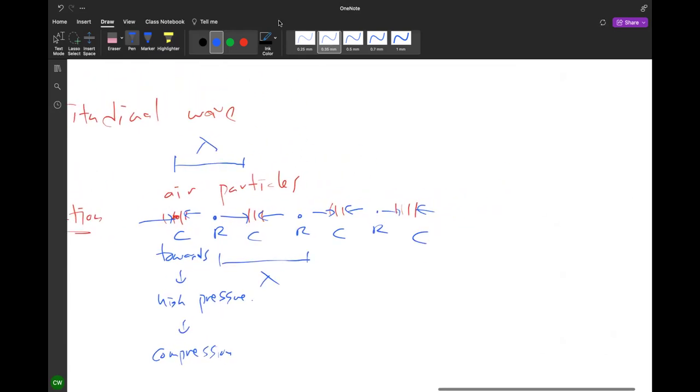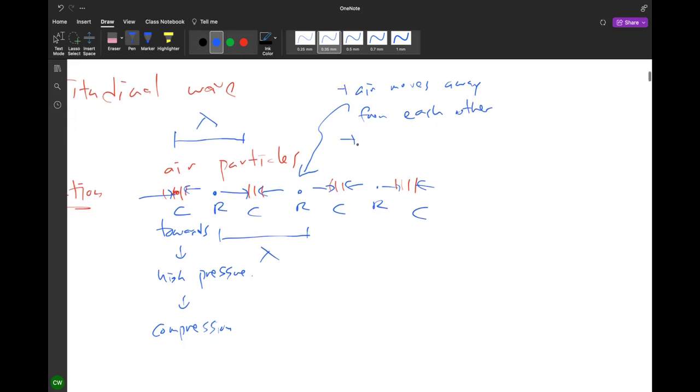Sometimes they ask you what happens in the rarefaction. What happens here? The particles oscillate or move away from one another. Then it will cause what? High pressure or low pressure? Low pressure.